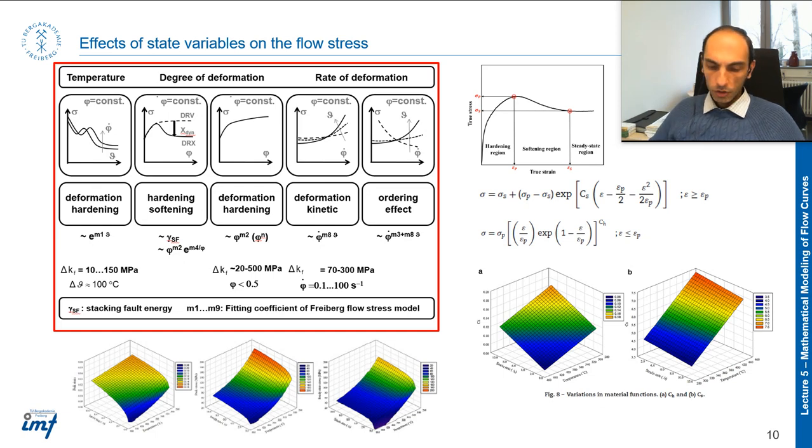So if your material is experiencing such a phenomenon, ordering effects, then you should consider this in the formulation, and this M3 appears here because of that. I think it should have a negative value because it should decrease the flow stress. So if you give a negative value here, then it can reflect this effect for the specified range of temperature.